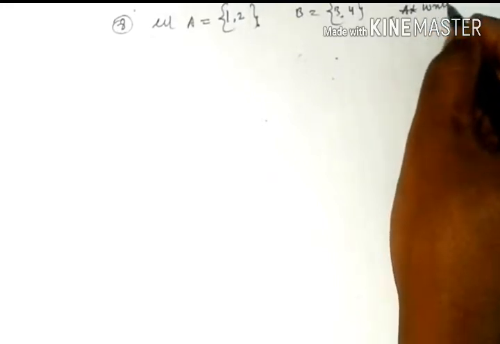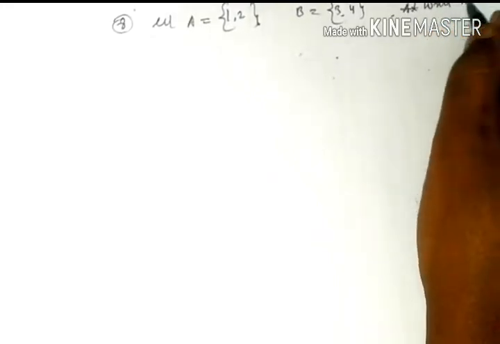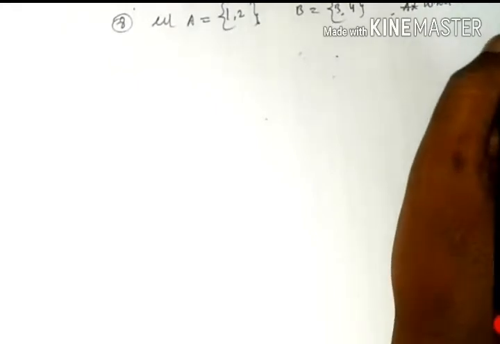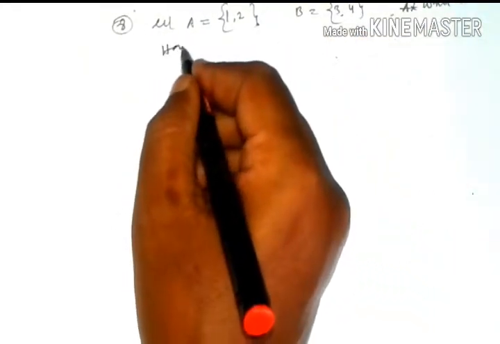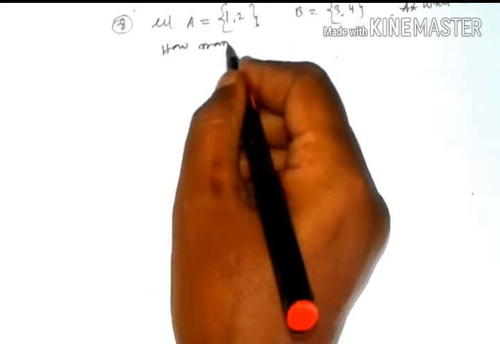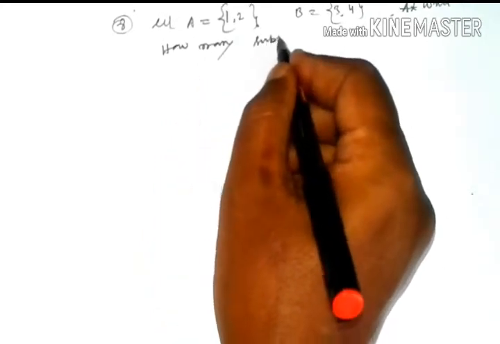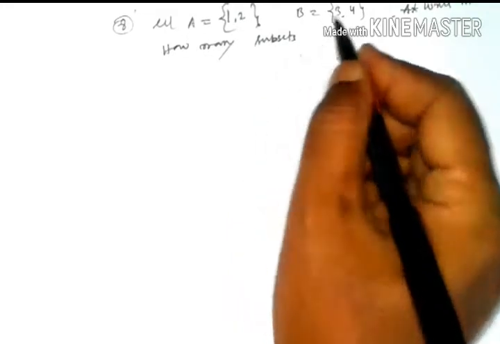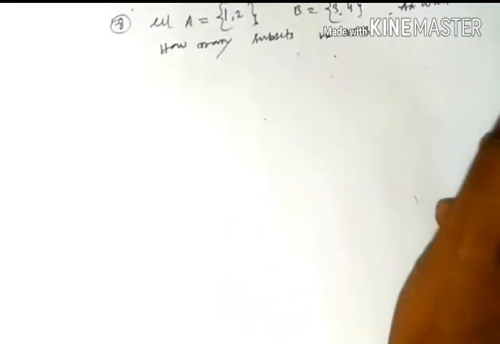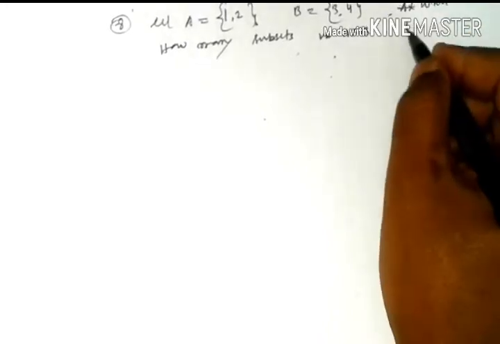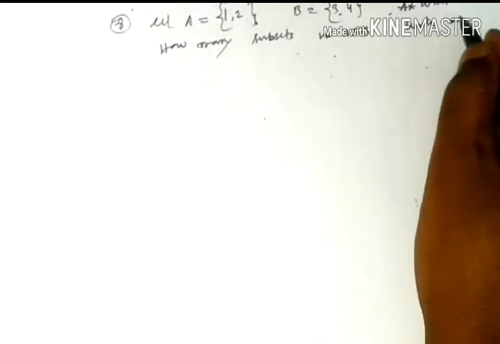Write A cartesian product B. How many subsets are in A cartesian product B? Write all subsets.